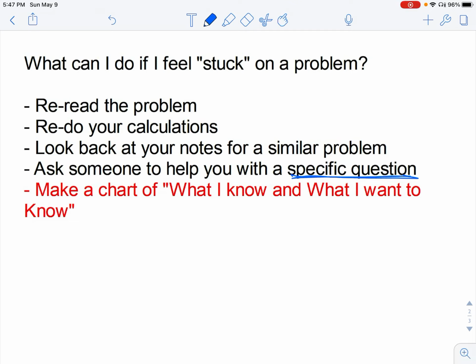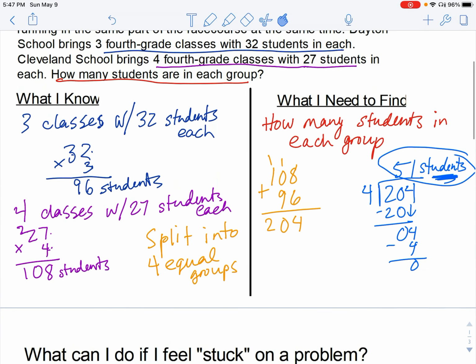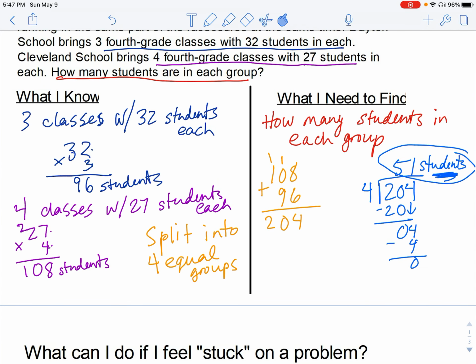That shouldn't just be, oh, Mrs. George, I don't know how to do question number 2. No, that's not specific enough. But maybe if you said, for example, in that last one, I realized the total number of students was 204 students, but I'm confused with what to do now that I have that number.